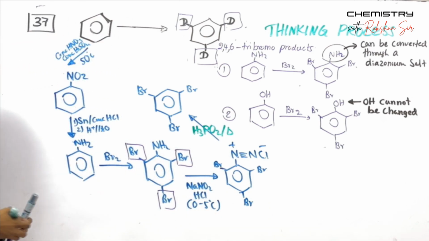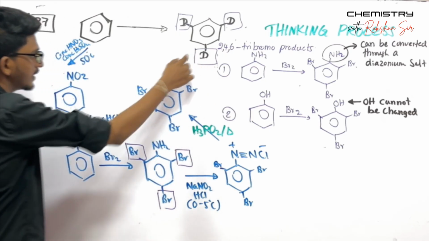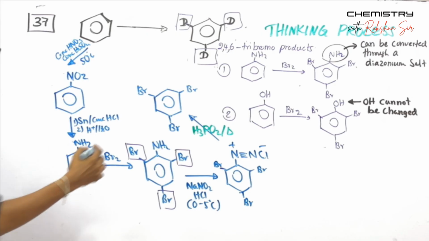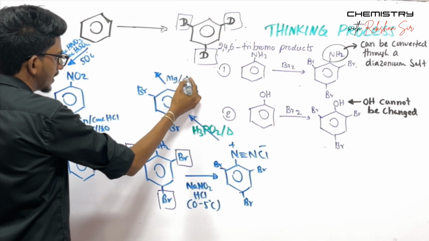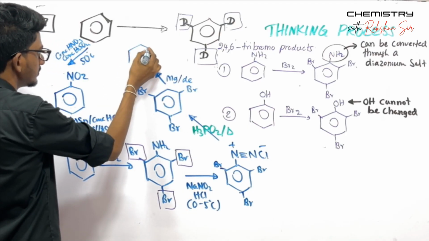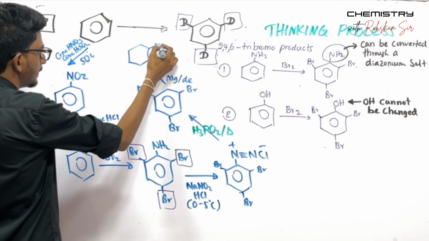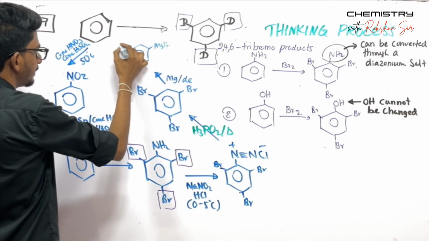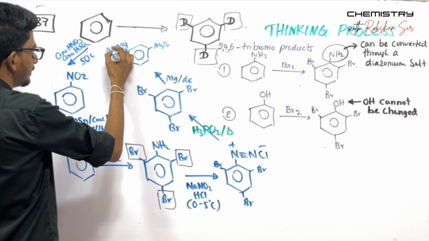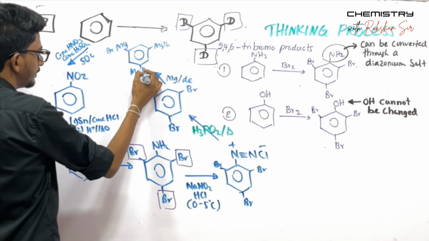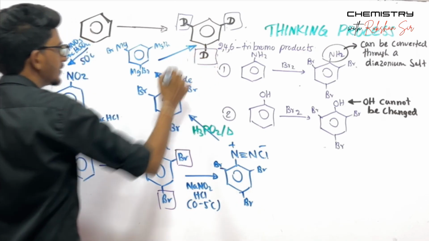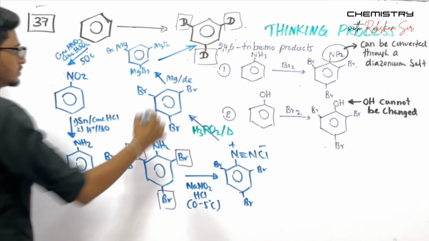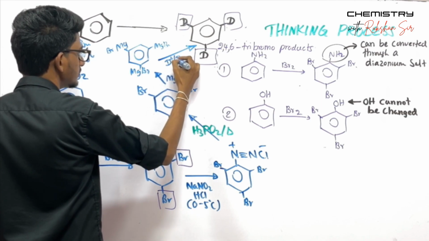Then convert the BR to D. First convert these things to Grignard. Then the final step, convert this here by just adding D+D2.